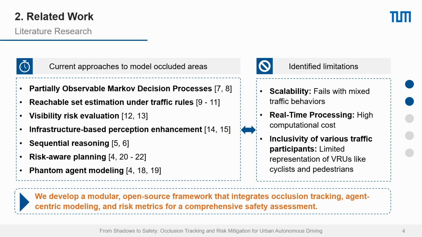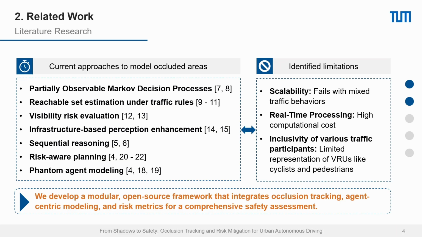Let's briefly look at what's already out there. A lot of work has been done on modeling occlusions, from POMDPs and reachable sets to infrastructure-based perception and even phantom agents. But in practice, many of these approaches come with challenges. On the right, you see some common limitations. Scalability is an issue when behaviors get diverse.